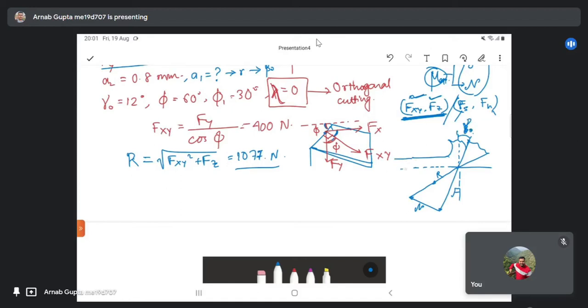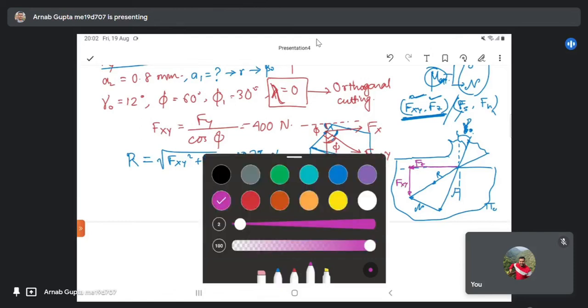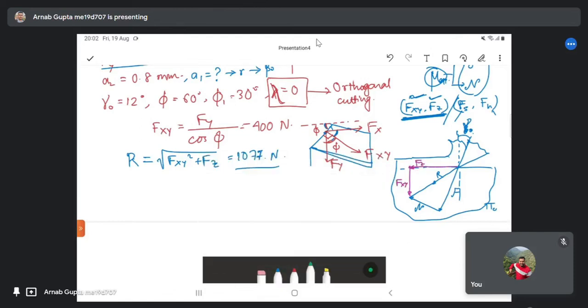And in which plane am I drawing this image? This pi naught plane, the orthogonal plane. We have Fz in this direction, Fxy in this direction. What is the other component that we are having?